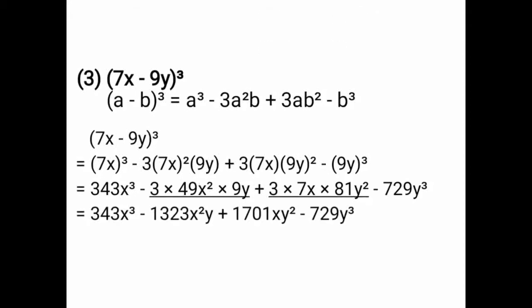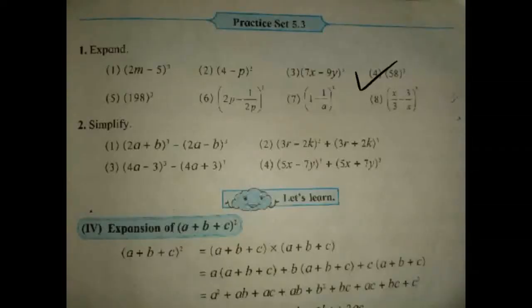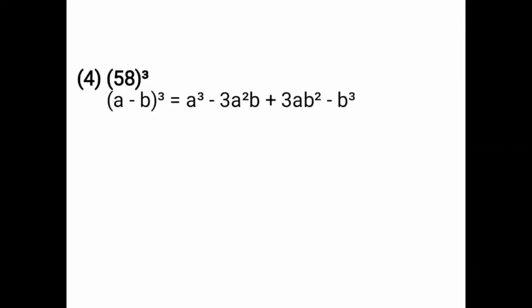So the next step will be 343x cube minus 1323x square y plus 1701xy square minus 729y cube. Next, 58 cube. (a minus b) the whole cube is equal to a cube minus 3a square b plus 3ab square minus b cube. In number 58, the unit place is 8. Number 8 is greater than 5.